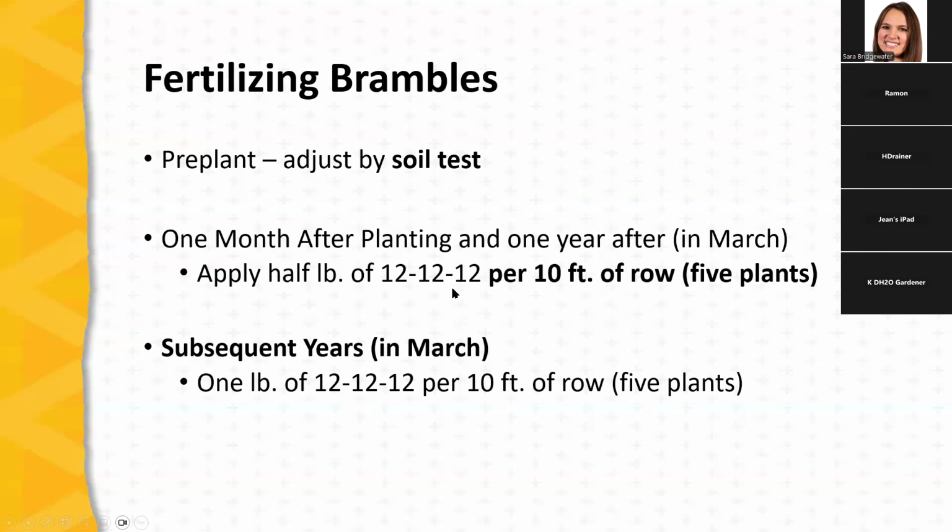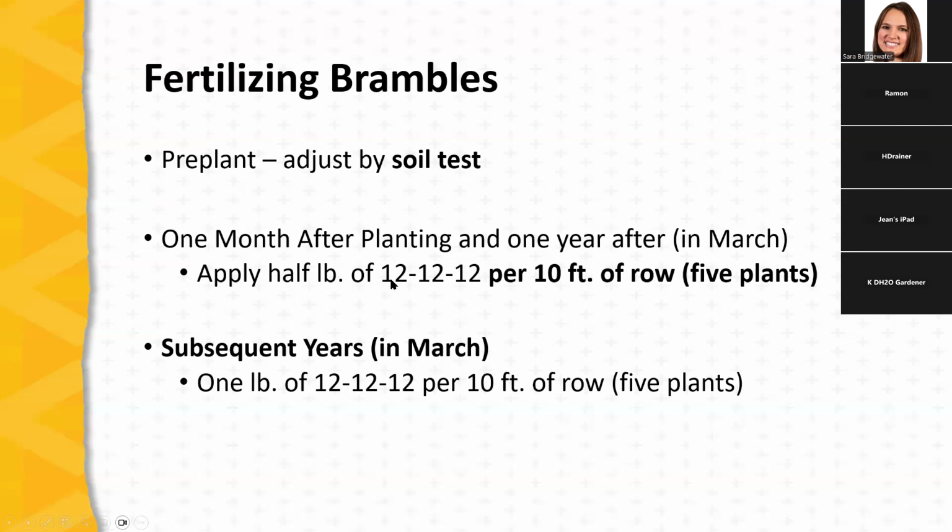If you don't know what 12-12-12 means, that shows the percentage of each of the three main nutrients that the fertilizer has. All nutrients, macro and micronutrients, are important, but normally fertilizers bring the three main ones that are added in larger amounts.